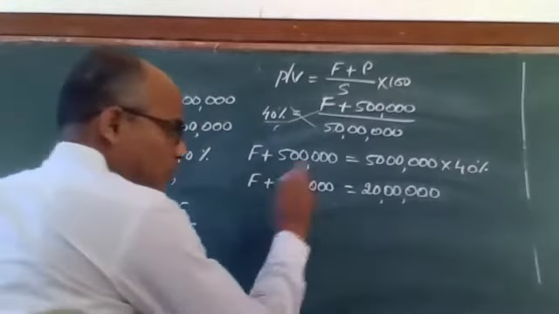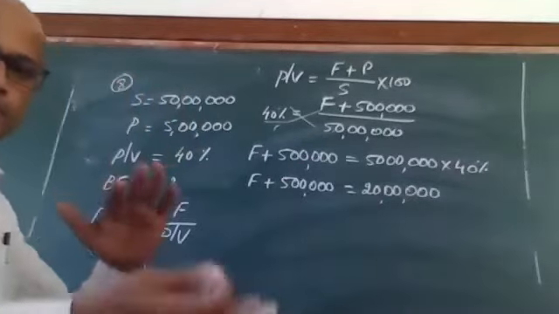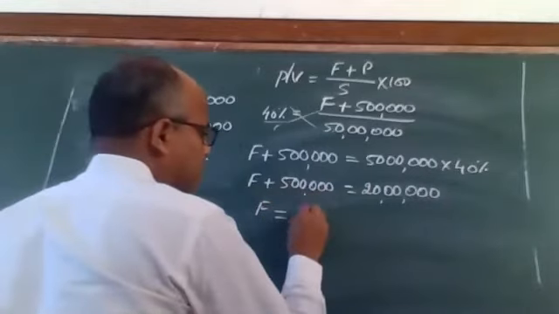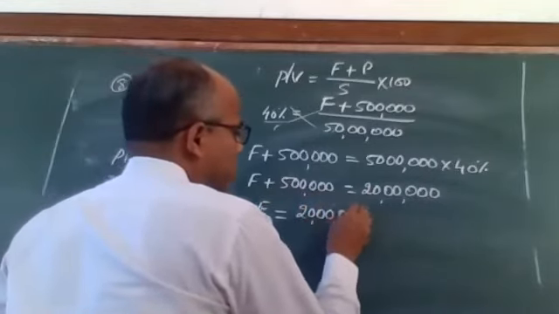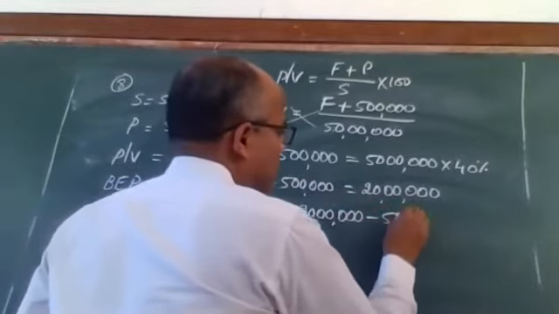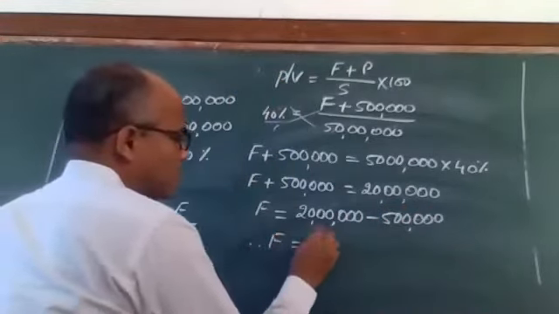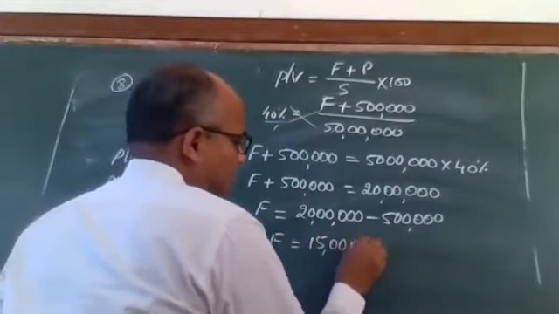Now this plus 5 going the other side becomes minus. 20 lakhs minus 5 lakhs. Therefore, fixed cost is 15 lakhs.